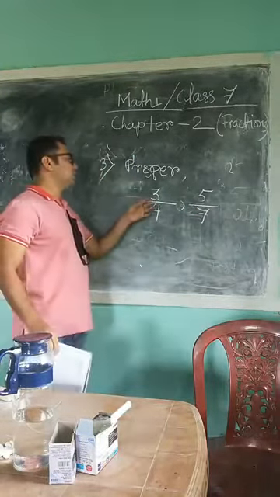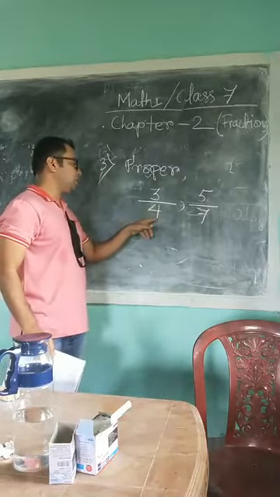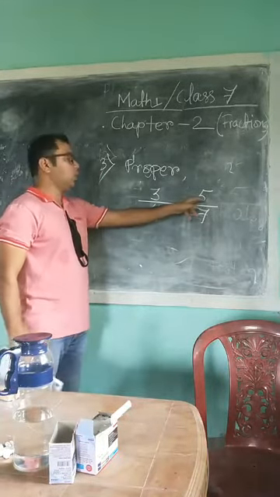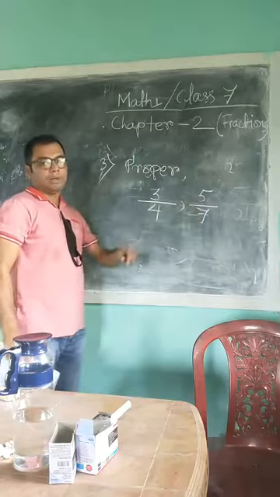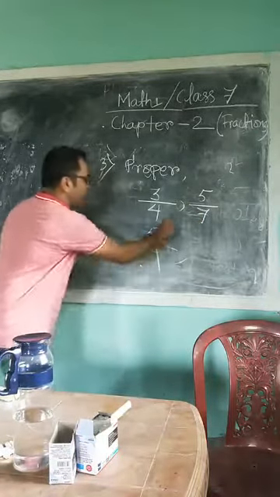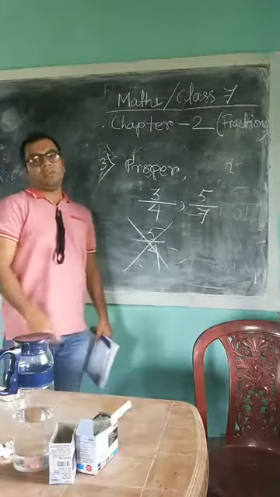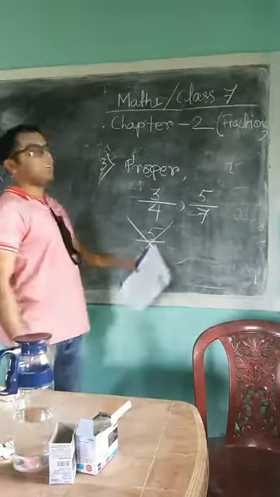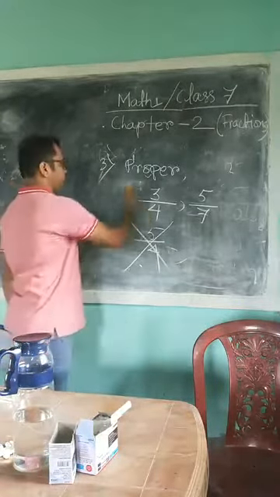Here you can see the numerator is smaller than denominator. Numerator is smaller than the denominator. If I write 5 by 4, then it will not be proper fraction because numerator is greater.